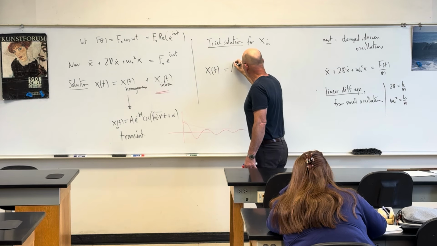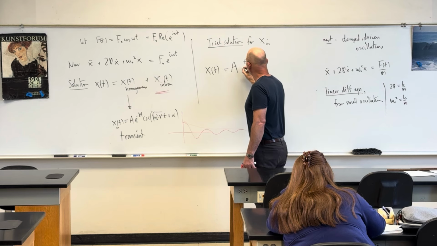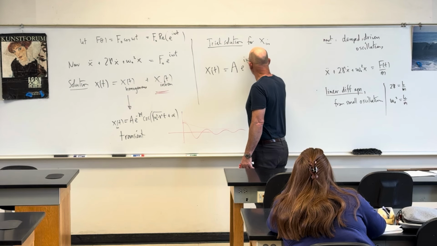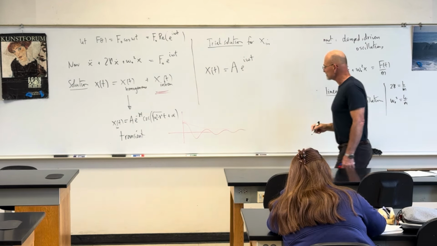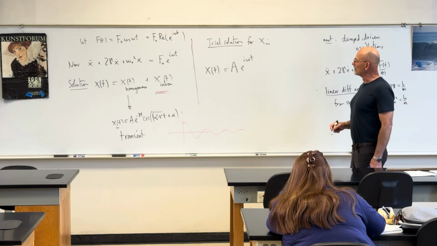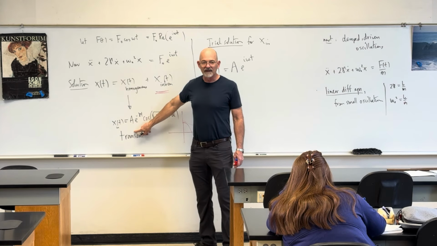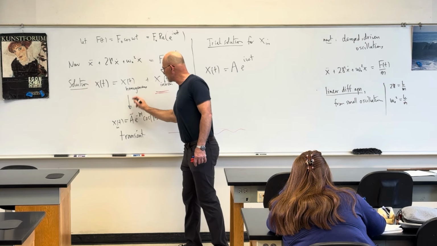It's going to be A e to the i omega t. That's going to be the solution. This amplitude and this one have nothing to do with each other. Okay? It's just a different one with a tilde on it.